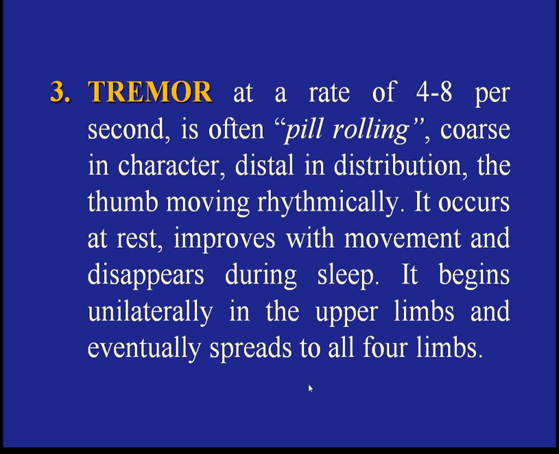It occurs at rest, improves when movement, and disappears during sleep. It begins unilaterally in case of Parkinson's disease, in the upper limbs, and eventually spreads to all 4 limbs. This is our patient with initial stage of Parkinsonism, unilateral tremor.